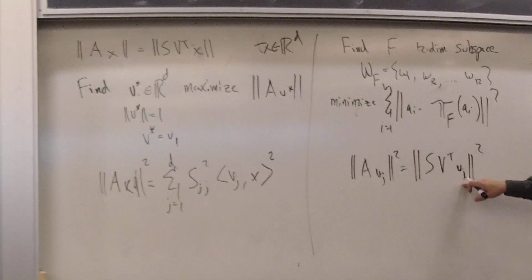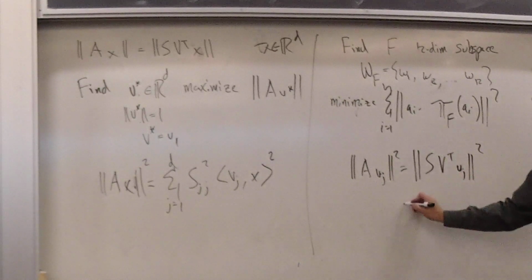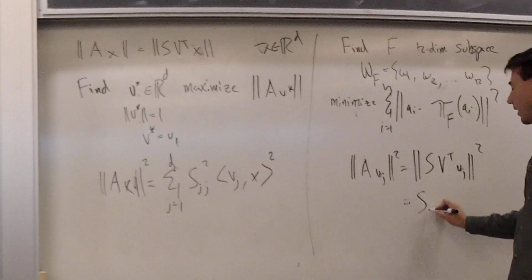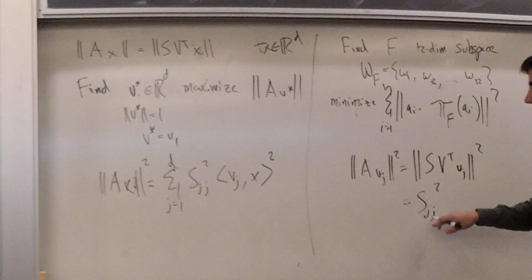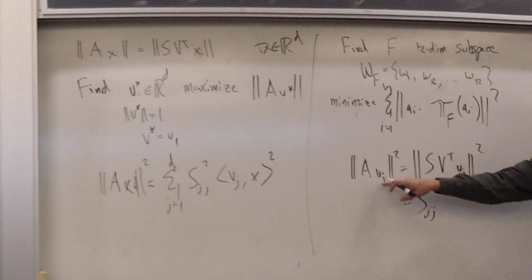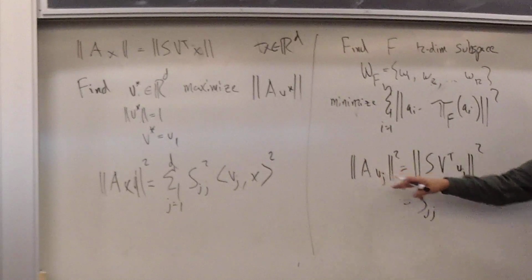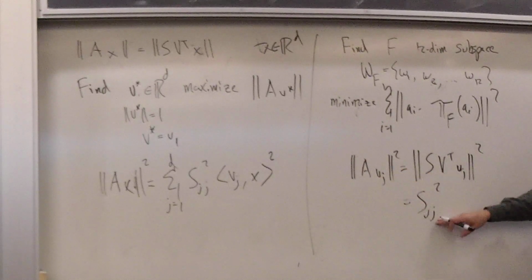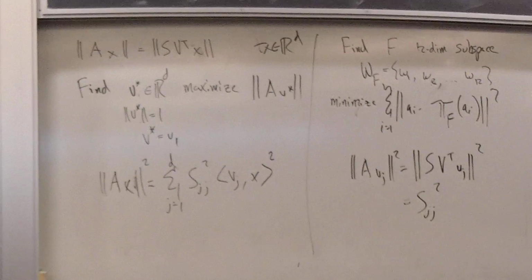And so what this does is this just gives me the Sjj squared. This gives me the jth singular value squared. So if I multiply A by the jth right singular vector, the norm of this is just getting coded in the jth singular value.